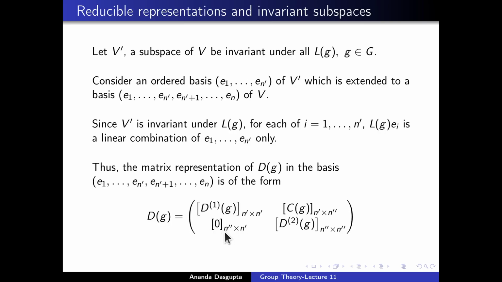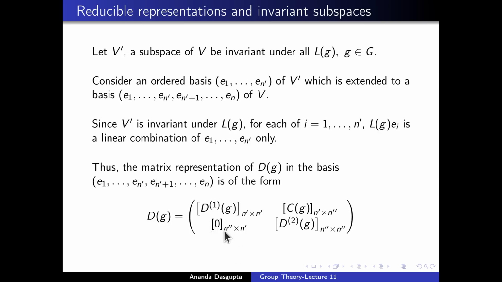Here n double prime simply stands for the number n minus n prime of the other basis vectors. And since L of G acting on Ei, for Ei running over E1 through En prime, has no contribution from En prime plus 1, En prime plus 2 up to En, we are going to get zeros here.